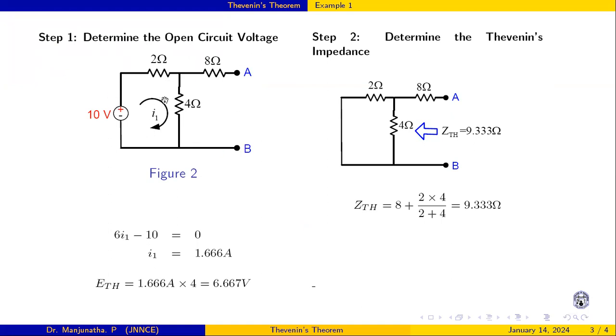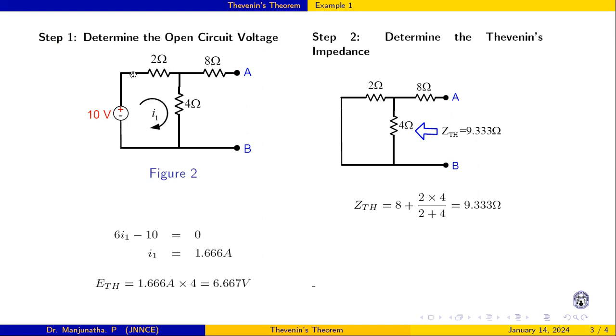Now the potential drop across AB is also the potential drop across this 4 ohm resistor. Hence, we will determine the drop across this 4 ohm. Simply we can apply KVL. The total resistance is 6.